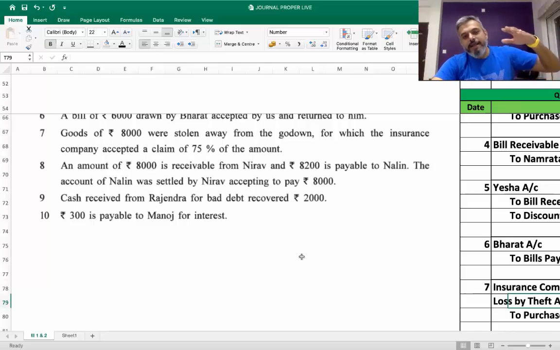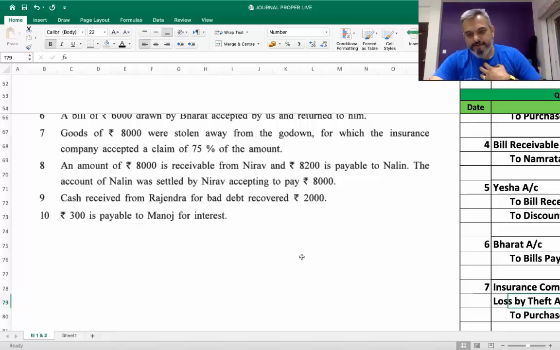So I talked to Nalin that the 8,000 rupees which I have to take from Nirav, I tell Nirav to give it to you and settle our account, that means instead of 8,200 you now accept 8,000, that means give me a discount of 200 rupees. Now this person Nalin accepted that, okay, let me take 8,000 from Nirav.